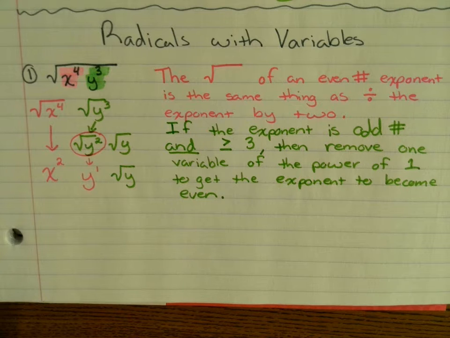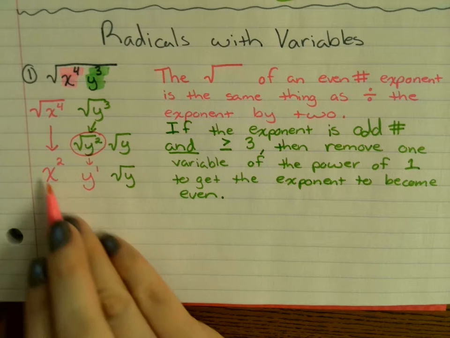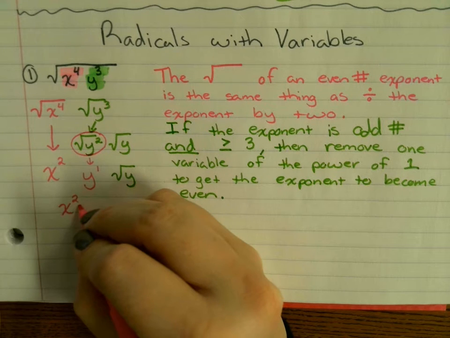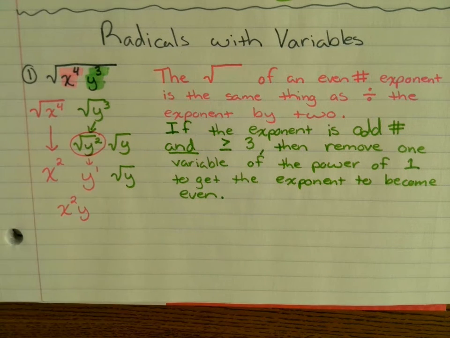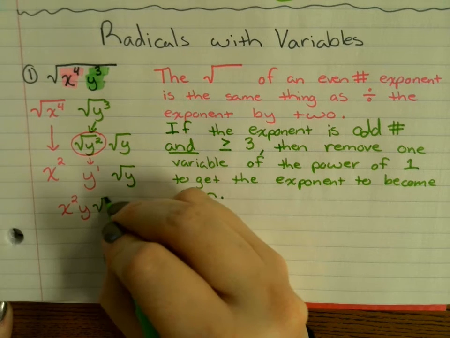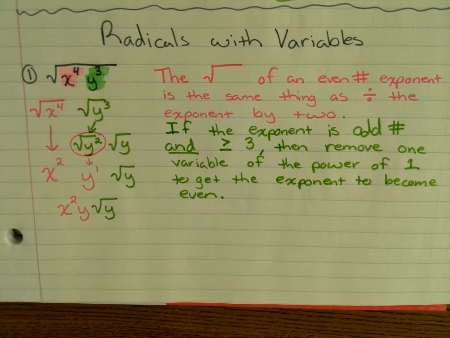So our final answer when we put all this together is just x squared y. I don't have to write y to the first. It's just x squared y and then square root of y. X squared y, square root of y. There's our final answer.